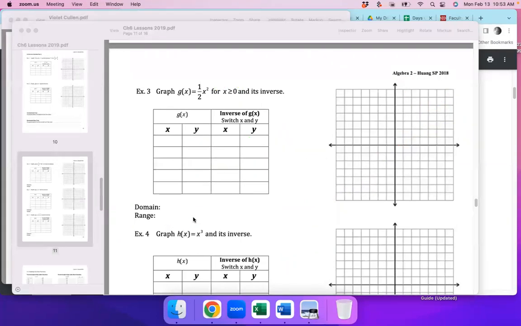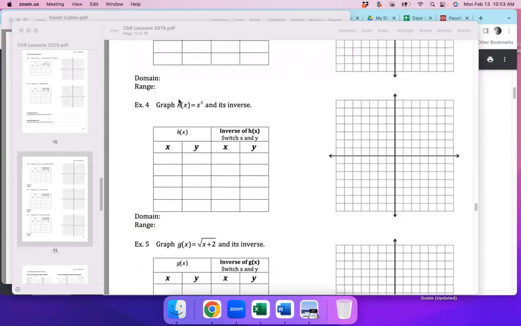Let's move to example 4. Okay, y equals x cubed. So I'm going to plug in 0, I get 0, 1, I get 1, 2, I get 8, -1, I get -1. So you get 0, 0, 1, 1, and 2, 8, which is totally off the curve.